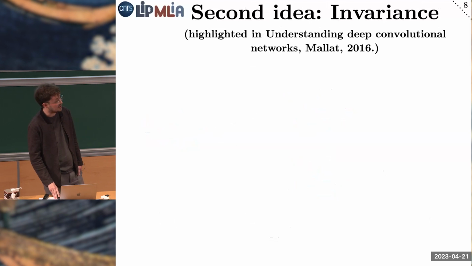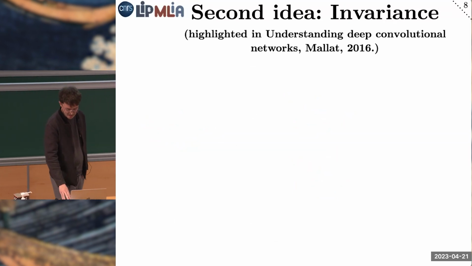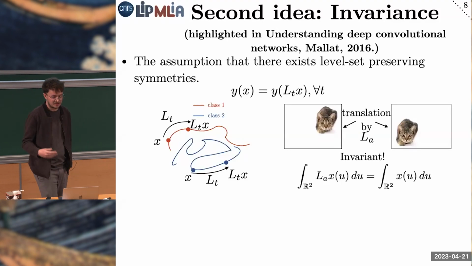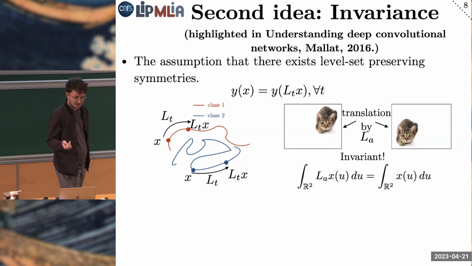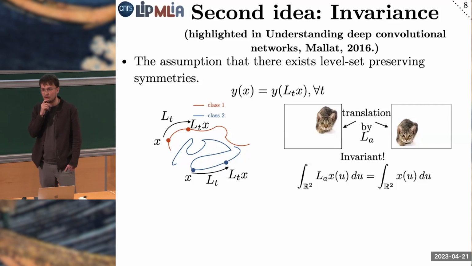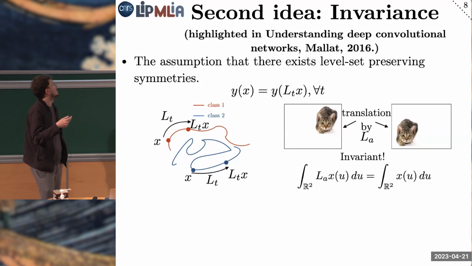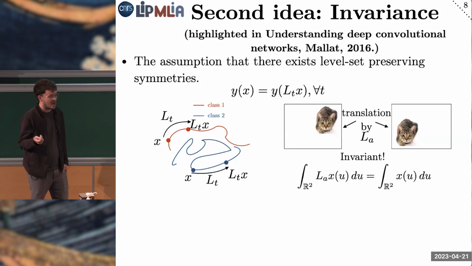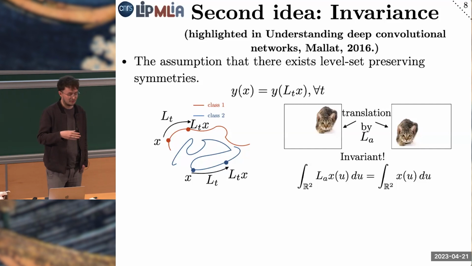The second idea is this notion of invariance, where there is an assumption that there exist some level sets and some symmetries which are going to preserve those level sets. One of the great examples is translation: having a cat on the left corner or the top right corner.